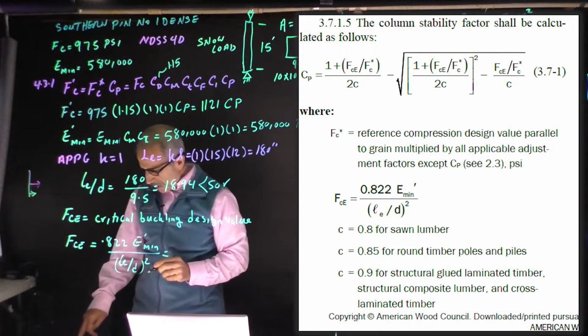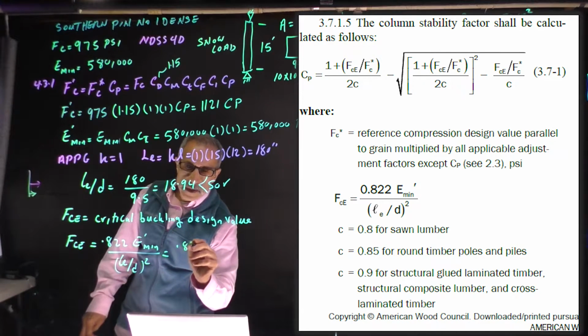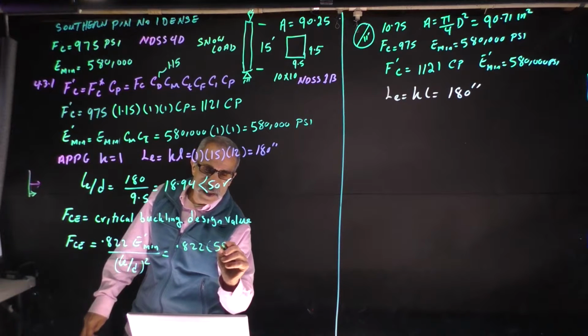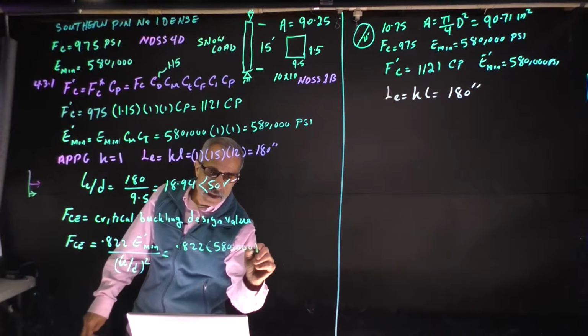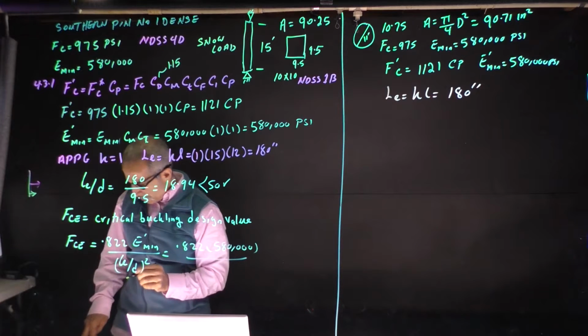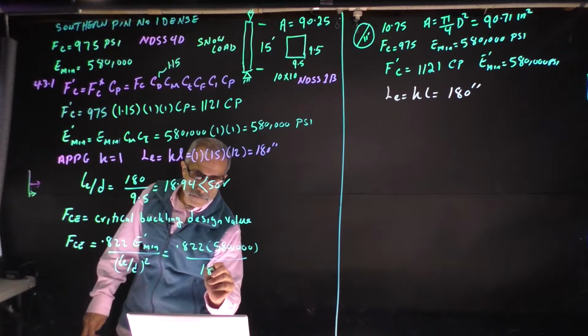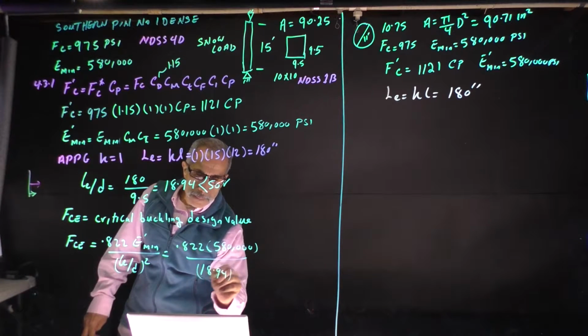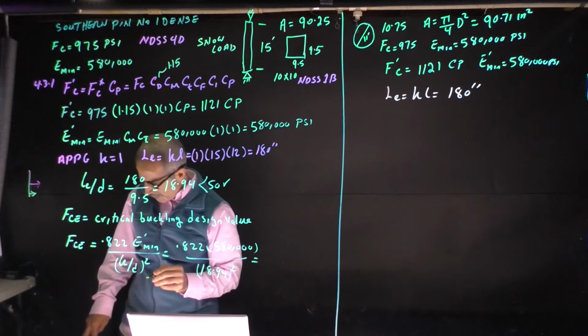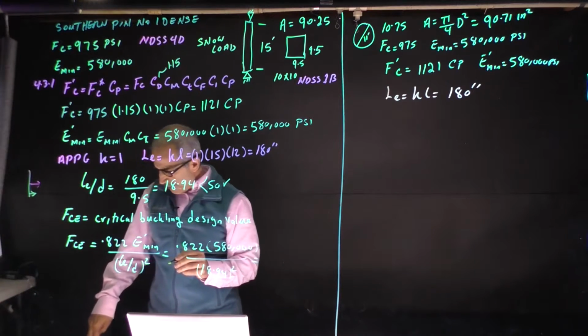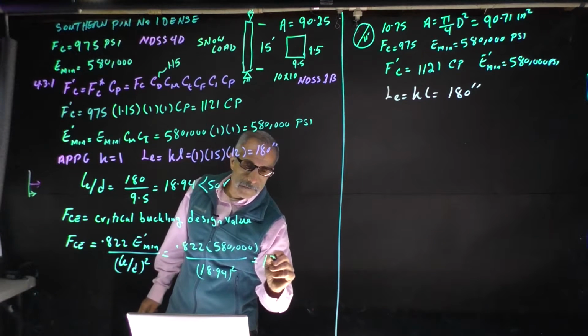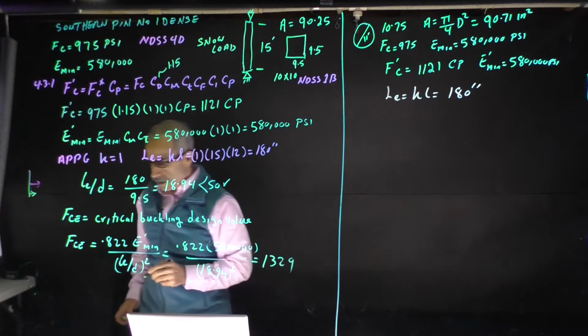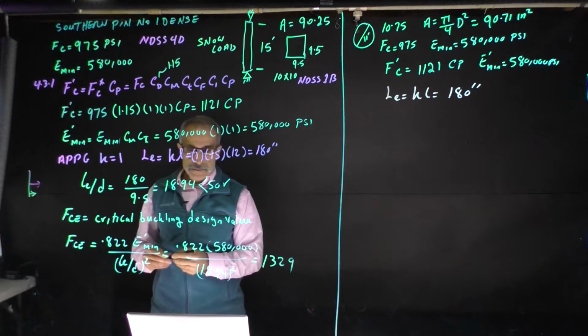In our case, it's 0.822 times 580,000 divided by 18.94 squared. My FcE, the critical buckling design value, comes out to 1329 psi.